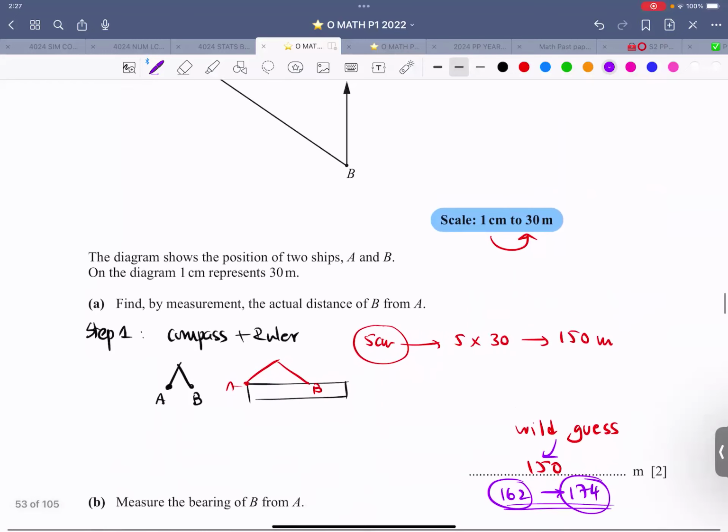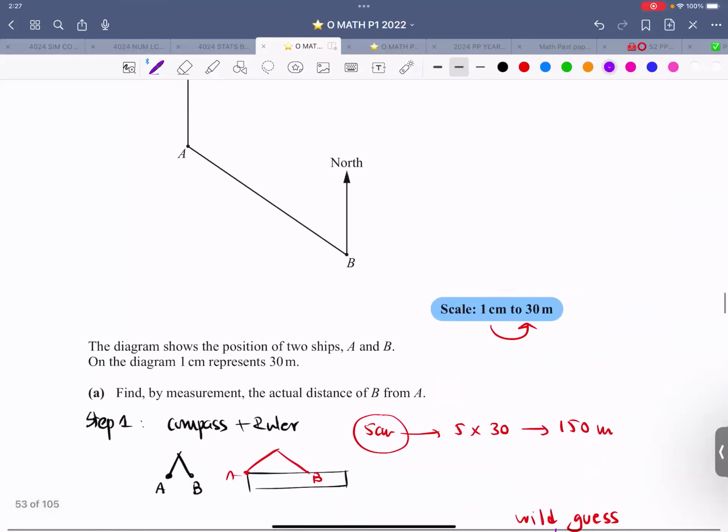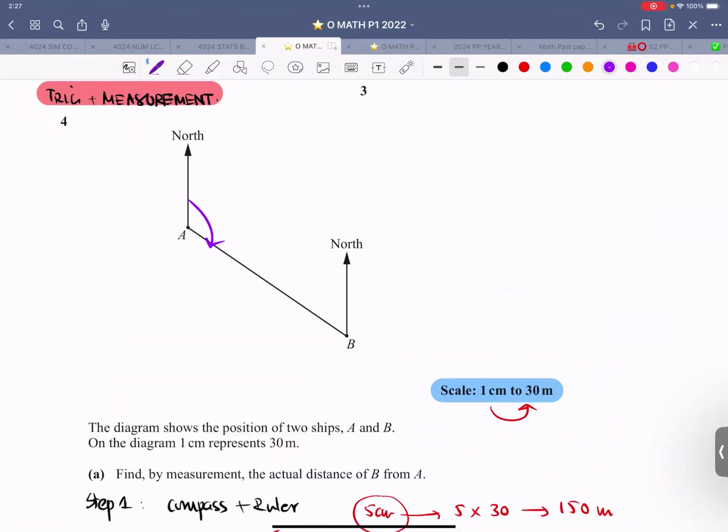Measure the bearing of B from A. That is again using a protractor. So B from A, this is the angle that I need to label, measure actually. So now if I draw a horizontal line going this way, let me just draw the complete line going this way. And then I use the protractor and I place it like this.